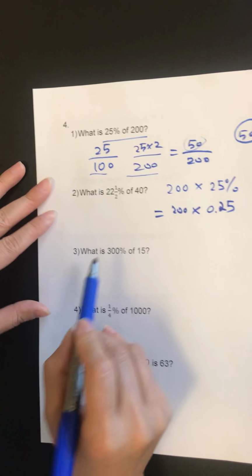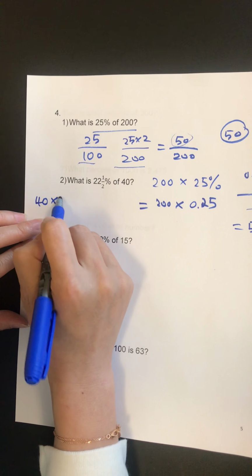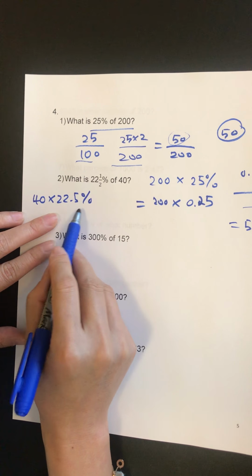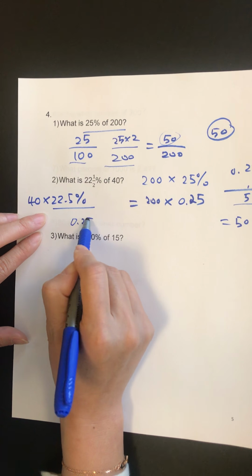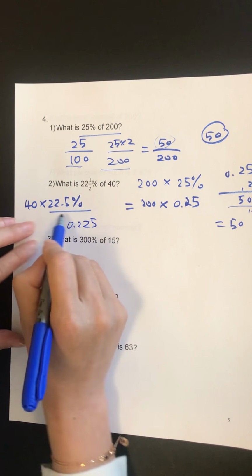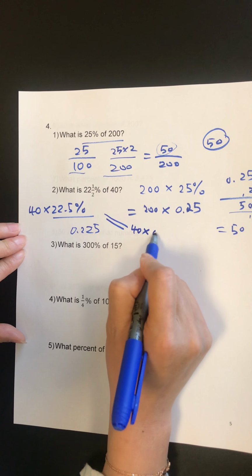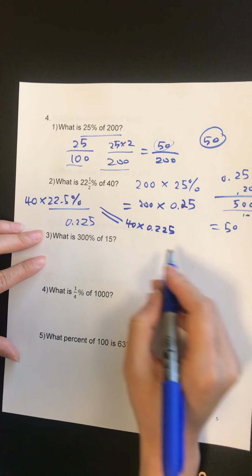22.5% of 40. So if we do it the multiplication way, 40 multiplied by 22.5%. 22.5% in decimal numbers is 0.225. So now this multiplication would become 40 multiplied by 0.225.